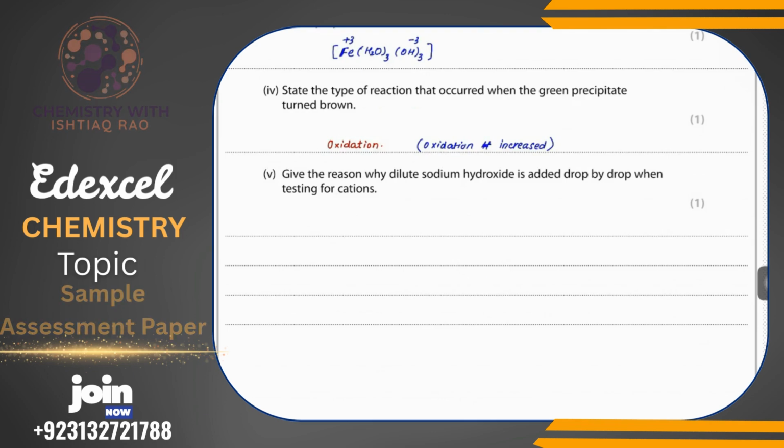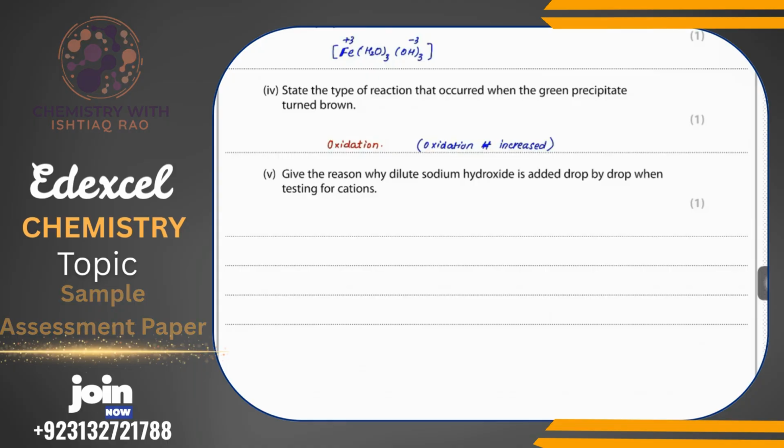Basically, whenever we are going to test anything, we always add a few drops and then we add in excess. First of all, there are some possibilities: there may be the formation of a precipitate, or a simple clear solution may be formed.